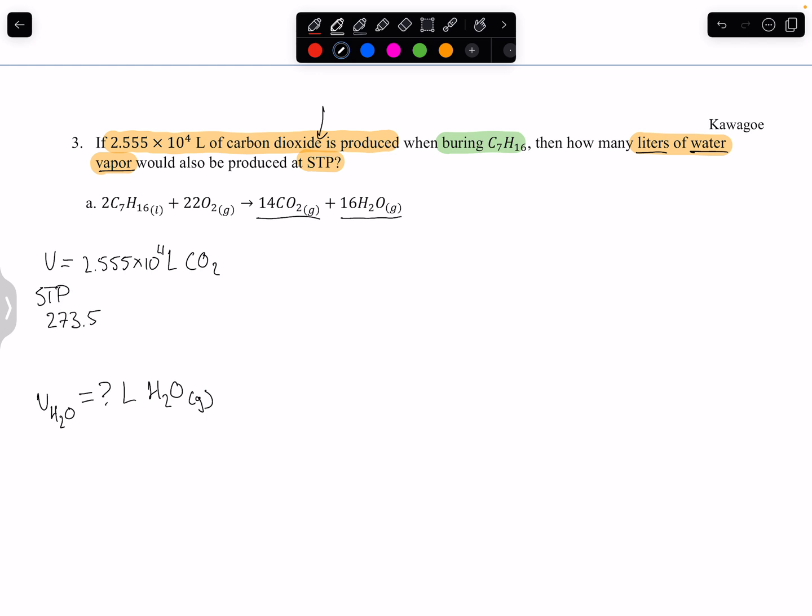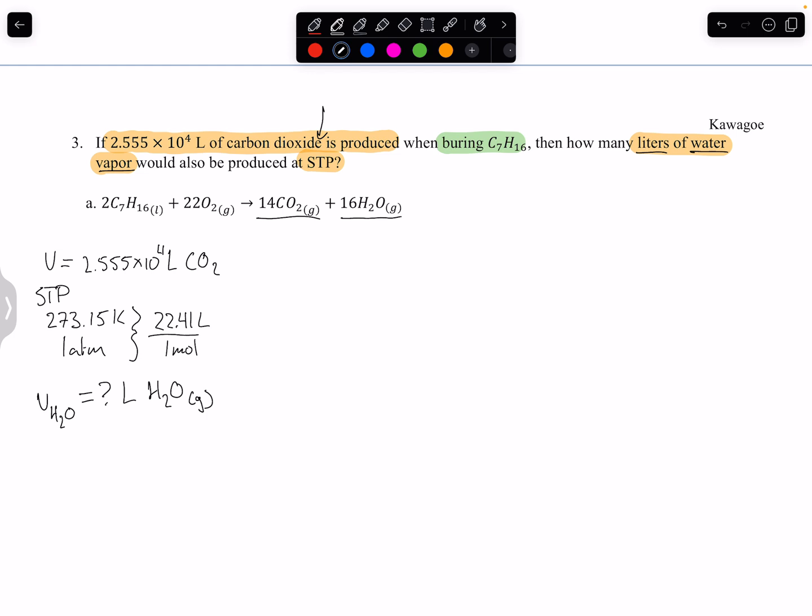Our standard temperature is 273.15 Kelvin. Our pressure is 1 atmosphere. And what else does this mean? This means I can use 22.41 liters per 1 mole to convert any gas. As long as we have these right temperature conditions, I can convert any gas from a volume, liters, to moles.